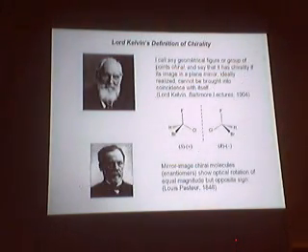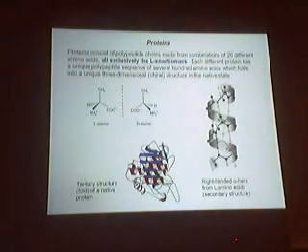Then we have Lord Kelvin's original definition of chirality, which is still the definition we use in stereochemistry today. But of course it all started 50 years earlier with Louis Pasteur's wonderful discovery. And proteins, now looking at the molecules of life. Proteins consist of polypeptide chains made from combinations of 20 different amino acids, all exclusively the L enantiomer.